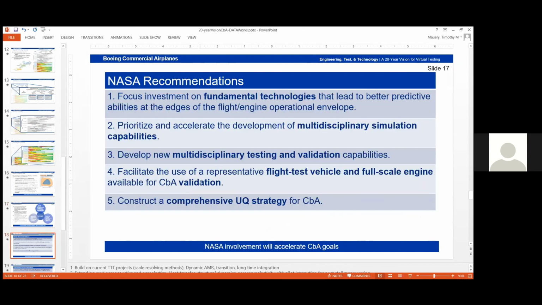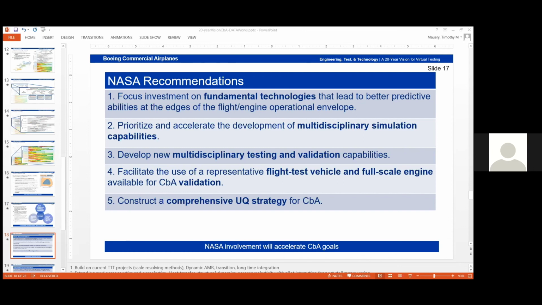So we've come up with some recommendations for NASA, and these are pretty straightforward. Number one, we want to build on the current projects that are working towards fundamental technologies like scale resolving methods or dynamic automated mesh refinement. We think that's something good for NASA to continue doing.